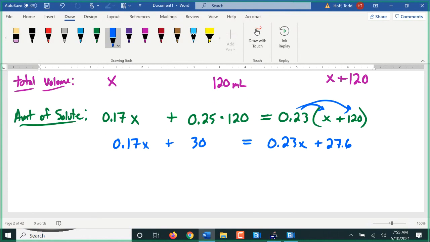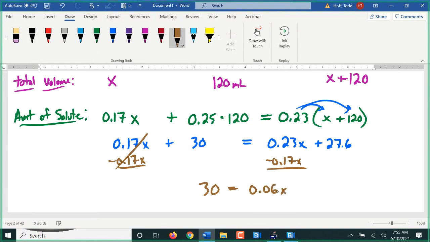What would we do next to solve this equation? The x to one side, good. Smaller one is the 0.17, so I'm going to subtract 0.17x from both sides. So I now have that 30 equals 0.06x.